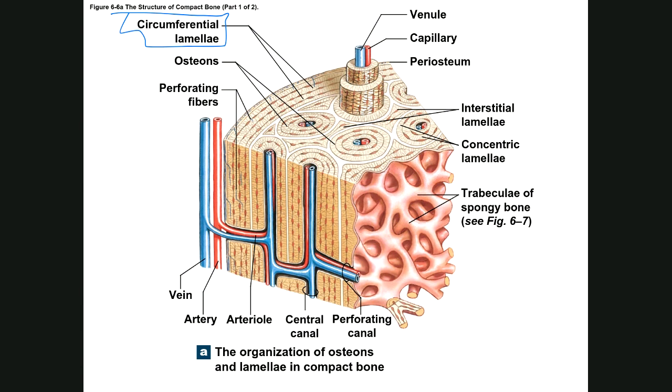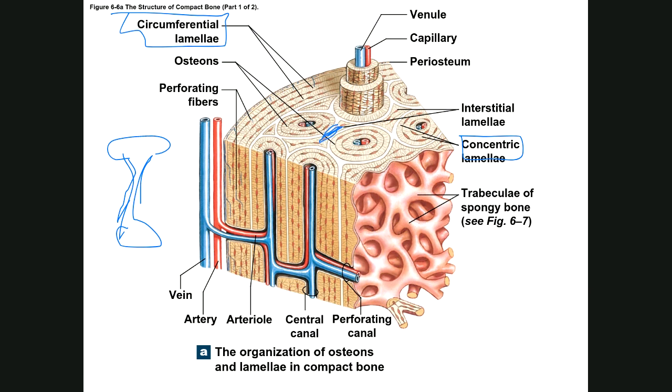If you have bones that look like this, kind of ugly bone, but they're out here and go all the way around, that's circumferential. The one that is part of the osteon is known as concentric. All of this is concentric. Between the two osteons is interstitial lamellae.